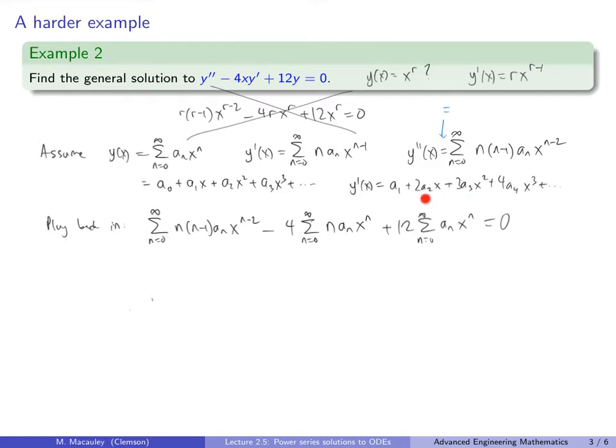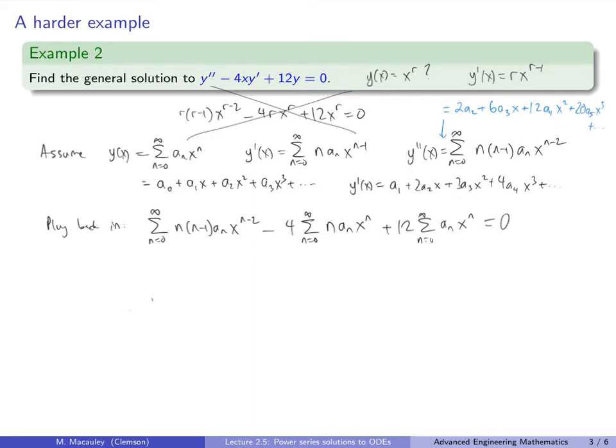It's just the derivative of this guy. So the derivative of this is 2a_2. The derivative of the next one is plus 6a_3 x, plus 12a_4 x^2. And the next one is going to be not 4 times 3, but 5 times 4, plus 20a_5 x^3.